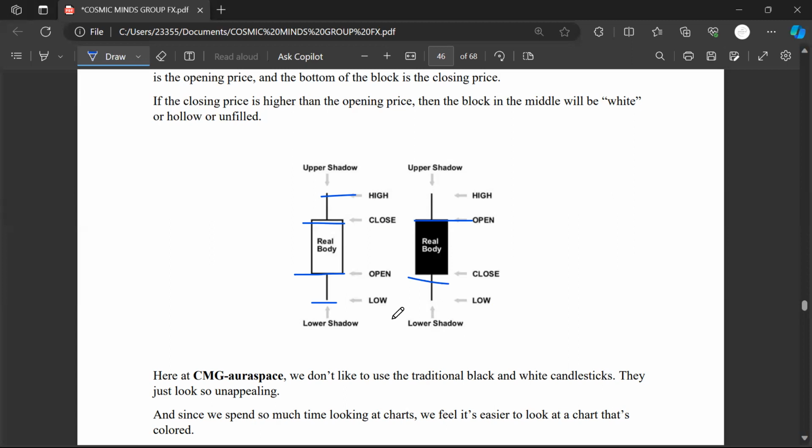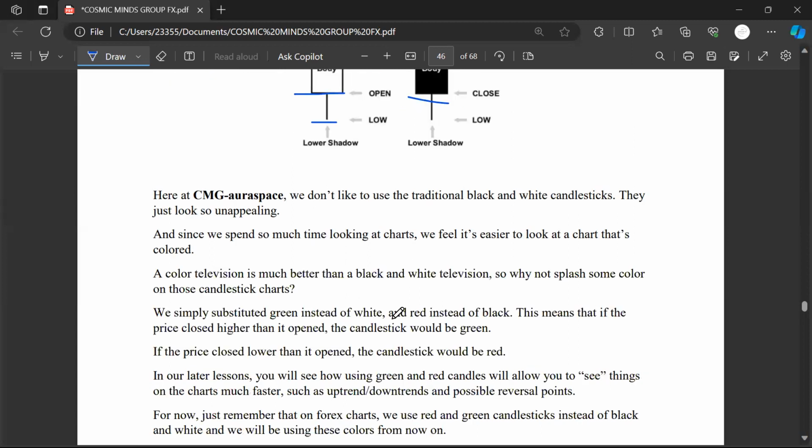Now, here at CMB Aura Space, we don't like to use the traditional black and white candlesticks, because it confuses us. It confuses me, and I am the one teaching you. So I prefer green for the bullish and red for the bearish. In fact, I am not the only person adopting this style.